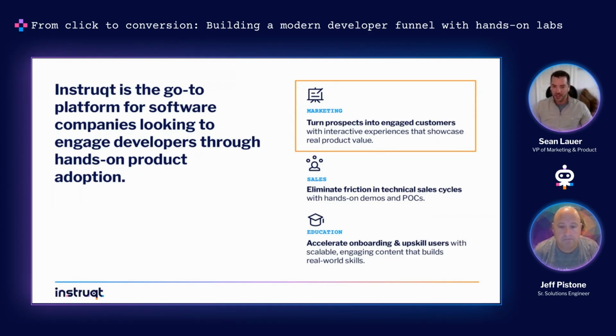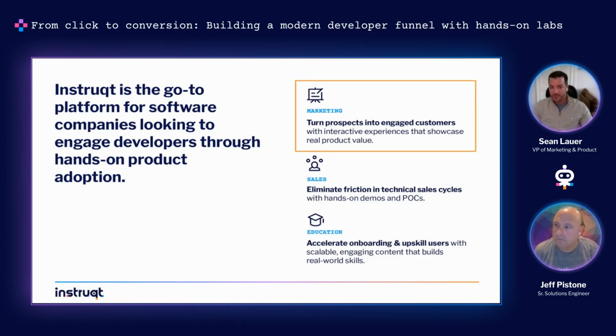On the sales side, we can really eliminate friction in the technical sales cycle with POVs, POCs, hands-on demos. That's how Jeff actually uses it in his day-to-day. And with education, everything we do in Instruqt is largely centered around education, but education teams specifically, those geared towards customer onboarding and customer upskilling, see significant impact when they bring in hands-on labs.